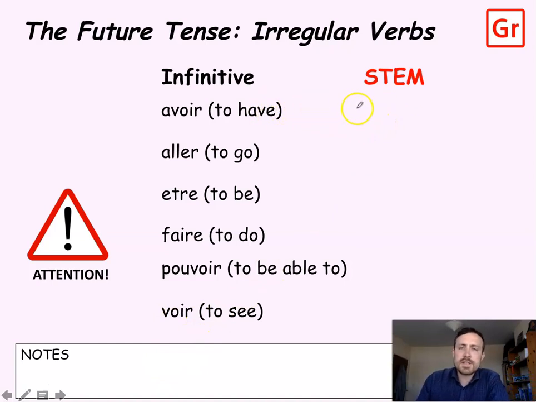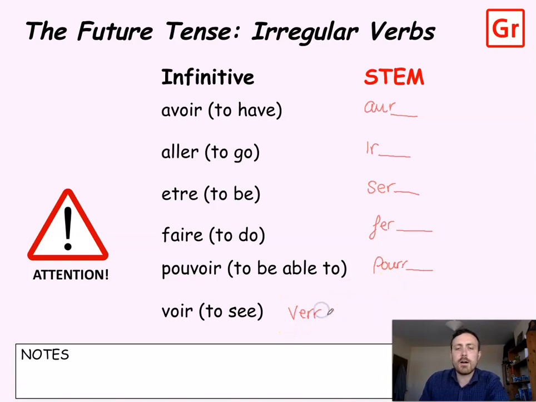So avoir is to have, and instead of taking the whole infinitive and adding an ending, the stem is going to be AUR plus your endings. Aller, to go, is going to be IR plus endings. Être, to be, is going to be SER plus endings. Faire, to do, is FER plus endings. Pouvoir, to be able to, is POURR, with two R's, plus endings. And voir, to see, is VERR plus endings.